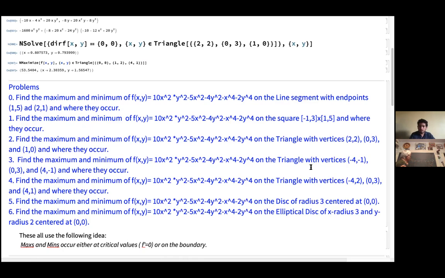Looks like 0, 0 should be 1. So if we find the derivative here, could you lower the screen a little bit? Perfect.